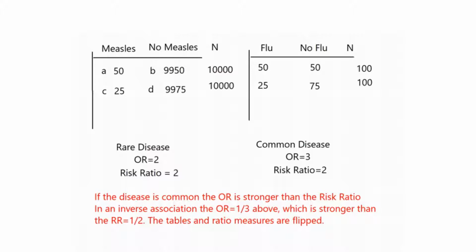Are there ethical concerns? Sometimes you'll make a decision to do a cross-sectional study and do an association, maybe even a case control study where you have to do an odds ratio analysis. And if that disease is common, just be aware that your odds ratio will be artificially inflated over what it would be if you had measured it in a longitudinal study.